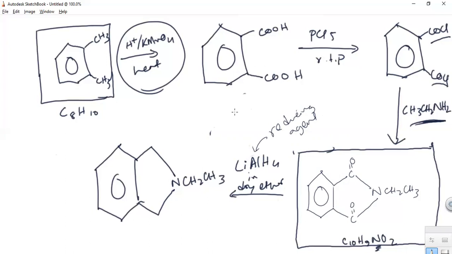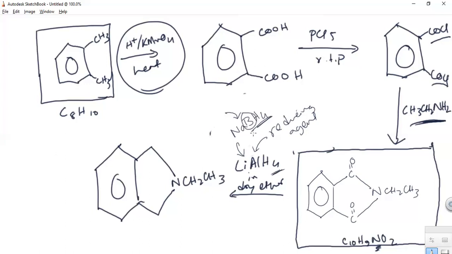So LiAlH4. Also, if in place of LiAlH4 they would have given, let's say, NaBH4, this is lithium tetrahydroaluminate, and this is sodium tetrahydroborate. Yeah, the last class I couldn't recall what the name was.